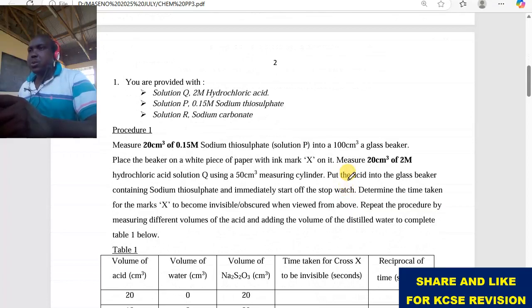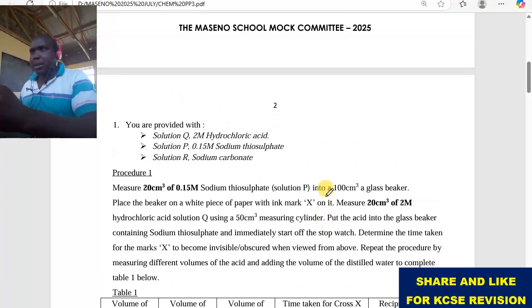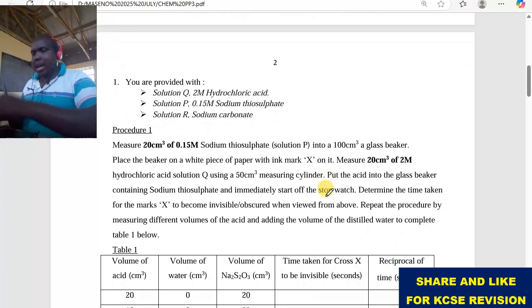You are provided with solution Q, 2 molar hydrochloric acid, solution P, 0.5 molar sodium thiosulfate, and solution R, which is sodium carbonate. Procedure 1. But before we go to procedure 1, I want to remind you of a very important aspect in chemistry.